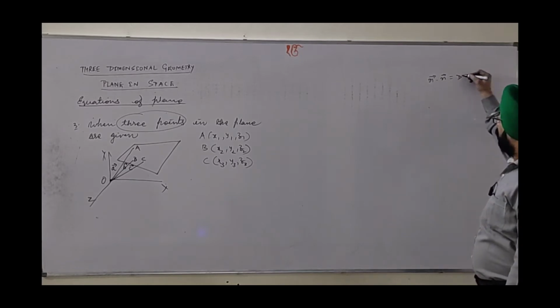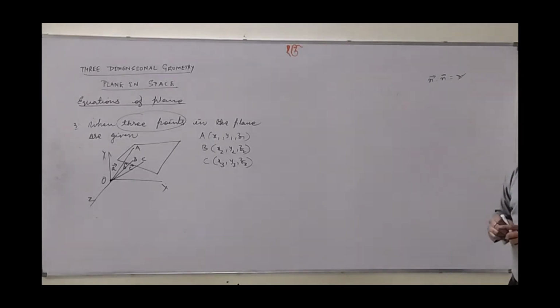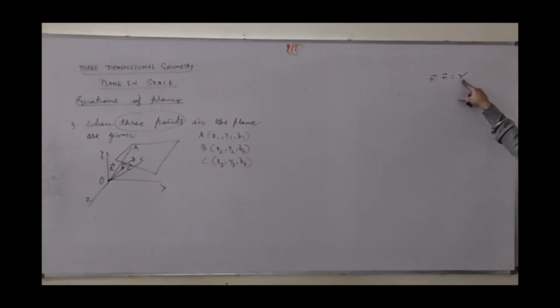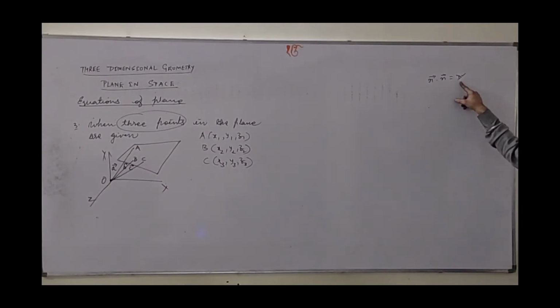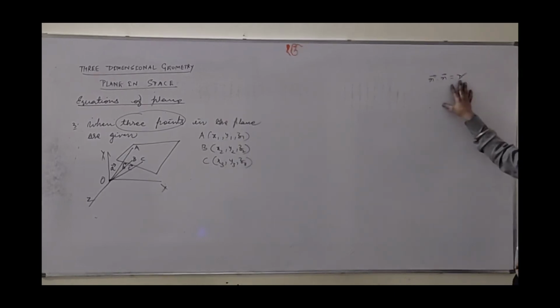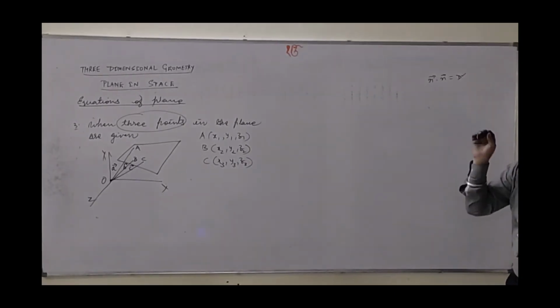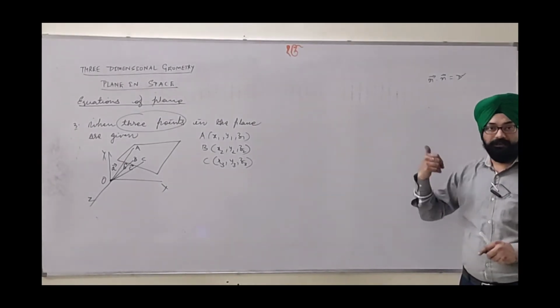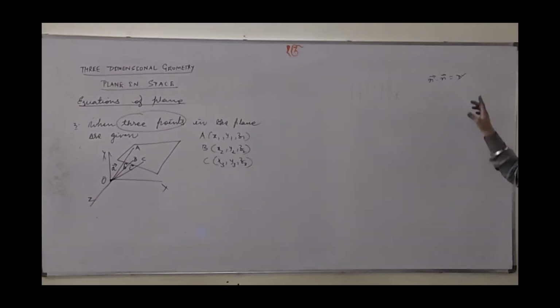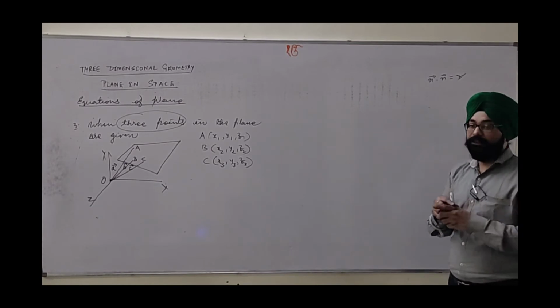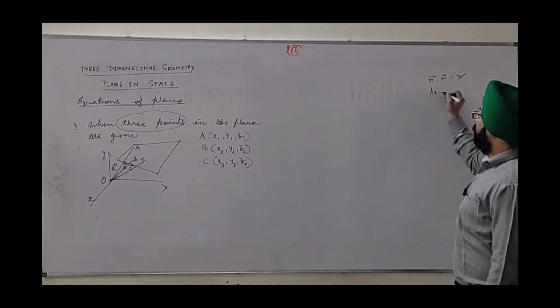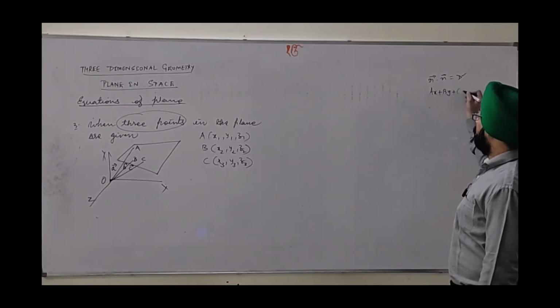So R dot N equal to D. Also, in general, this D will not be the distance of the plane from the origin, as we have seen in the first case. I am repeatedly saying, this is not the normal form. Whenever some standard form is needed, we consider the scalar product form, and similarly in Cartesian, we consider AX plus BY plus CZ.